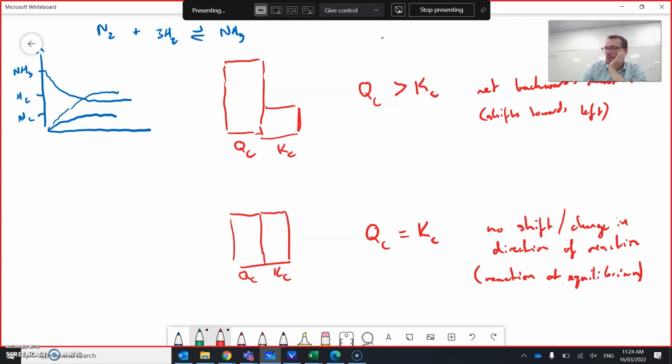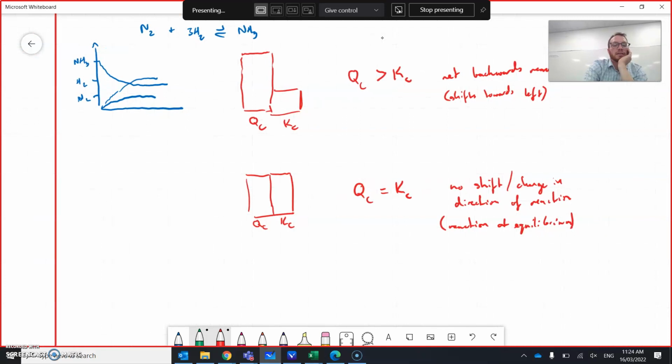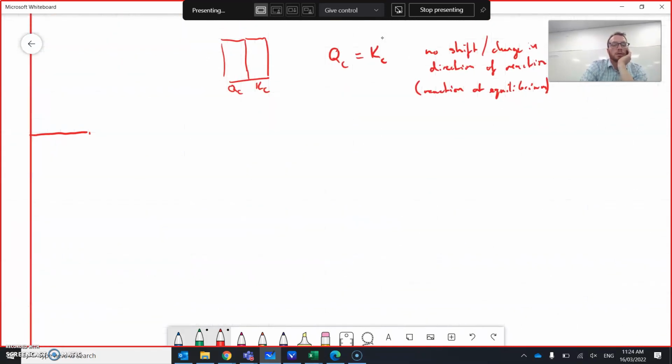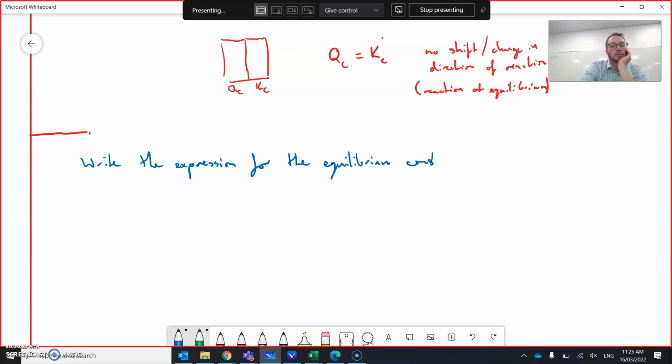Cool. Let's look at another example. I want you to write the expression for the equilibrium constant for the following reaction.